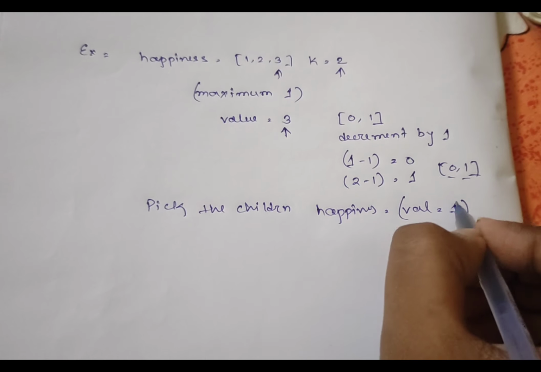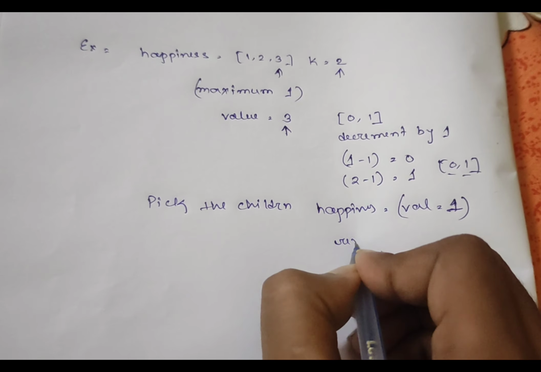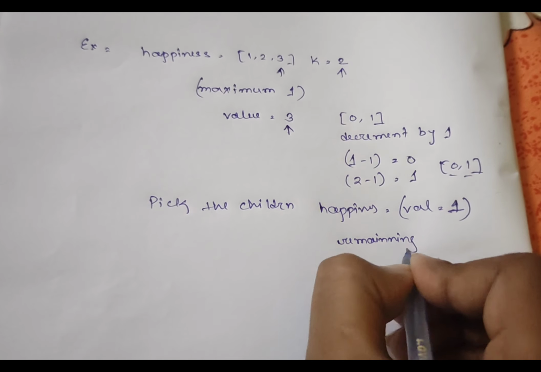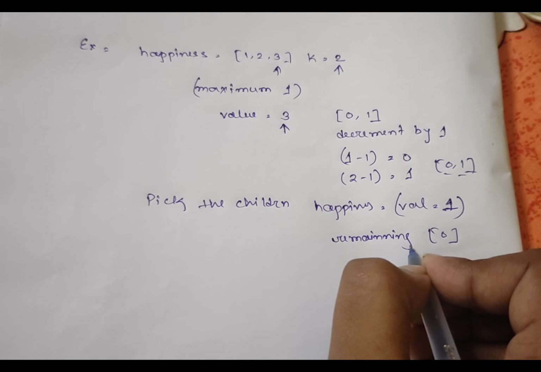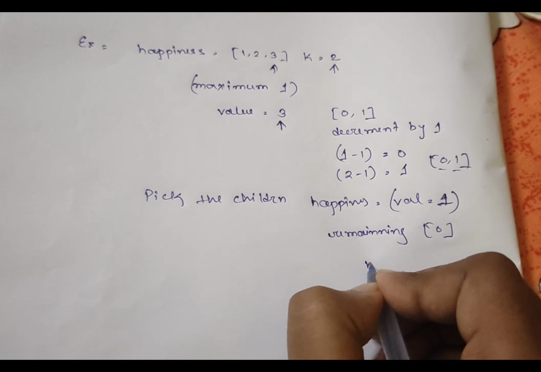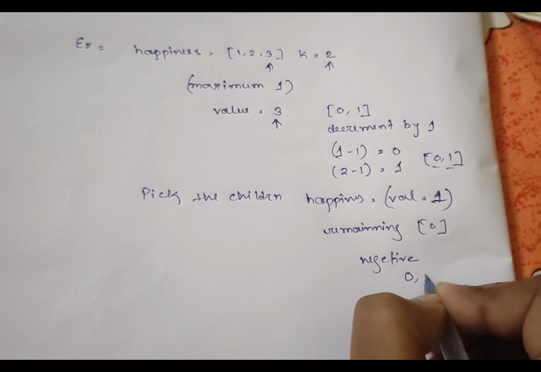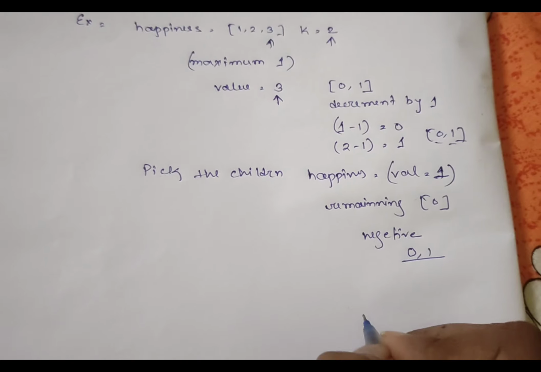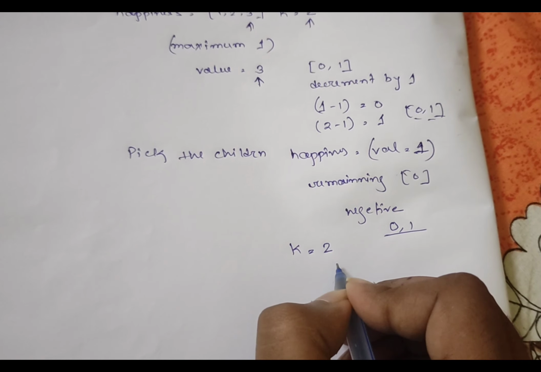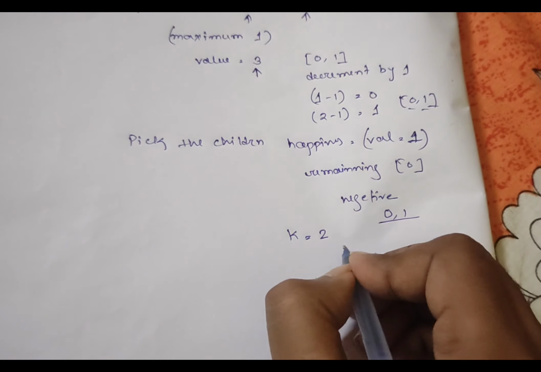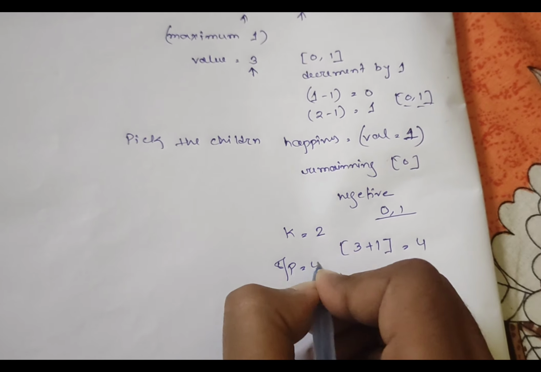In 0 and 1 we pick the maximum value, that is 1, and the remaining one is 0. Also note that the happiness value cannot be negative; it's always 0 or positive. So k equals 2 and we choose the happiness values 3 plus 1 equals 4. So that's why the output is 4.